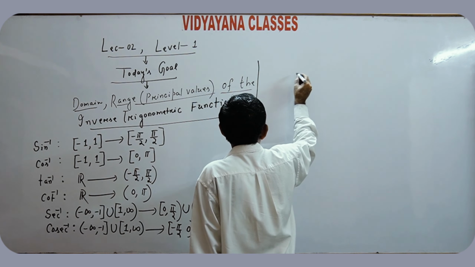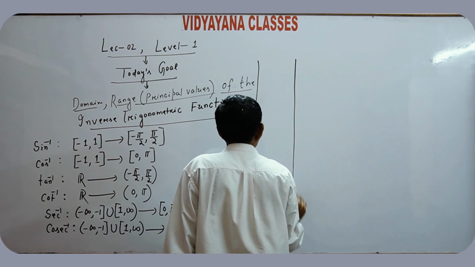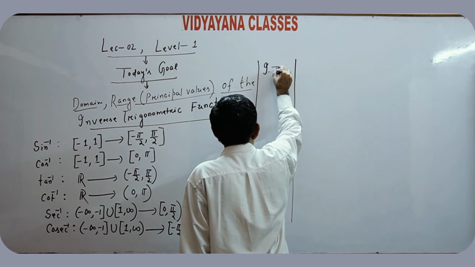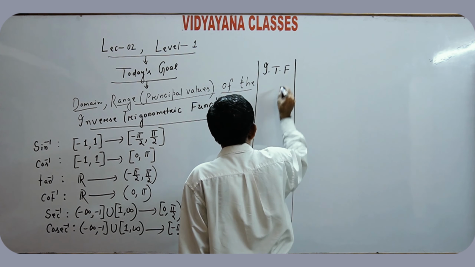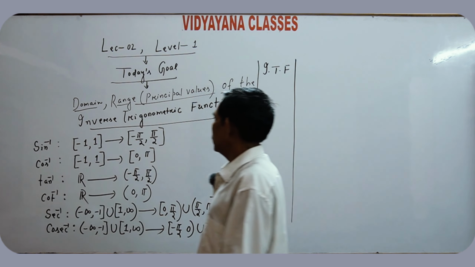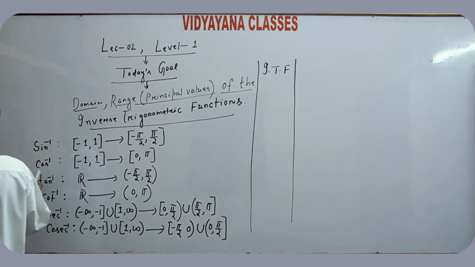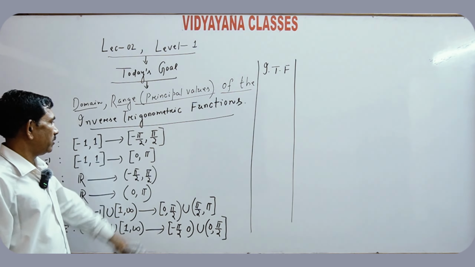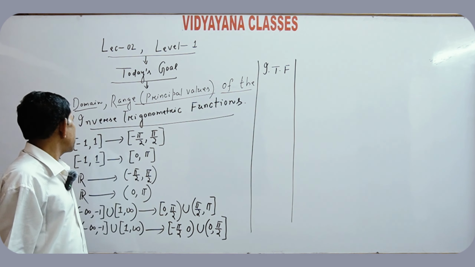Domain, inverse trigonometric function. We will find out the domain and the range of the basic inverse trigonometric functions. These are the basic inverse trigonometric functions. These are the domain sets and these are the range sets.